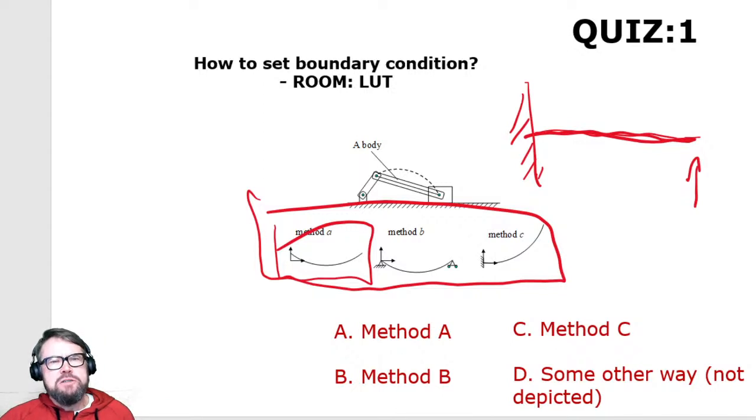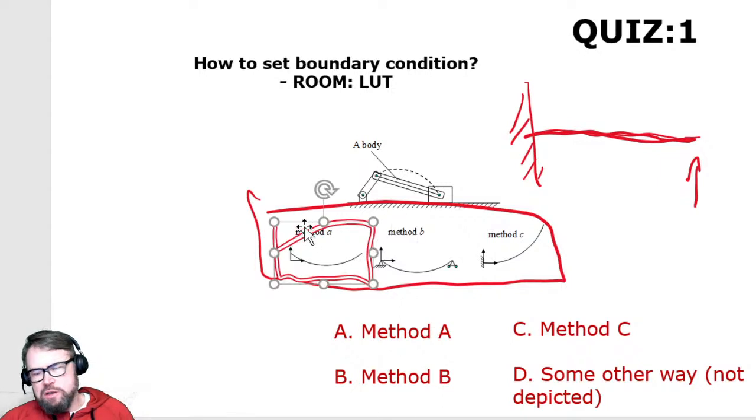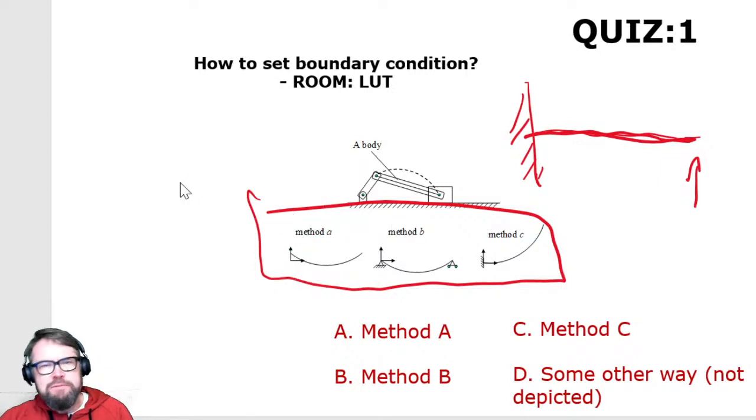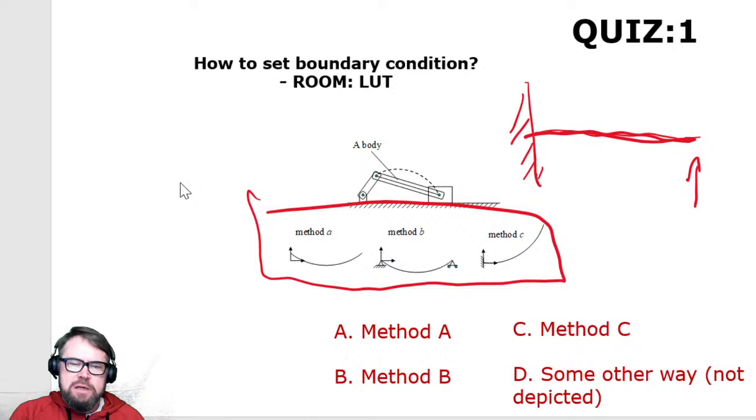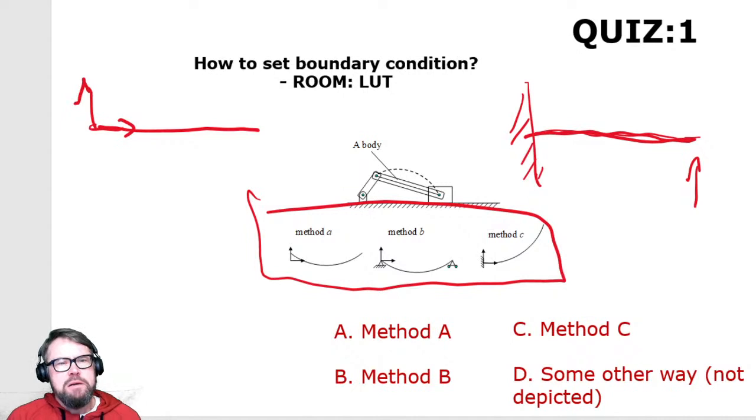I'm just putting that structure to float in space, and then I'm going to compute my deformation modes based on this floating assumption. Okay, so if I originally have a beam like this, and here is my coordinate system that I'm using in my finite element modeling, there's no boundary condition.